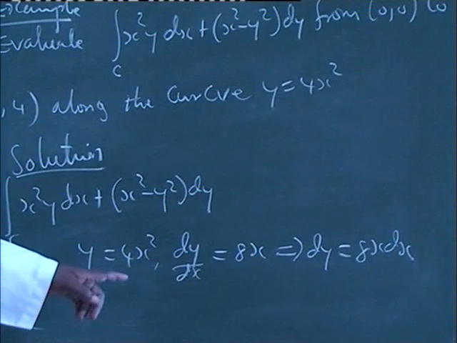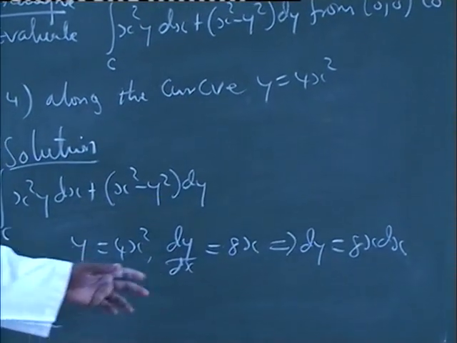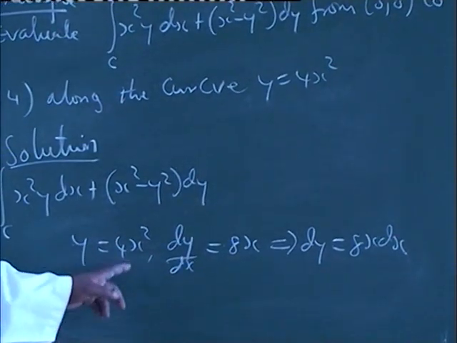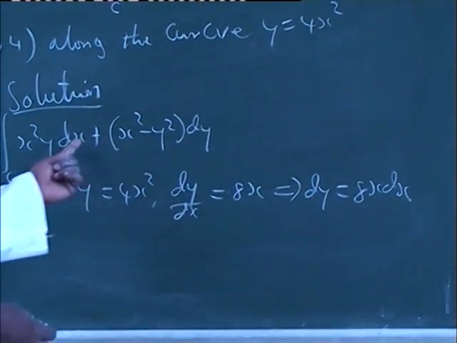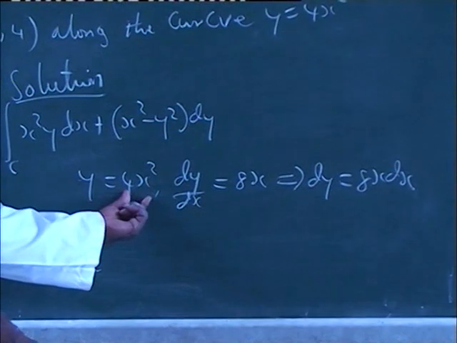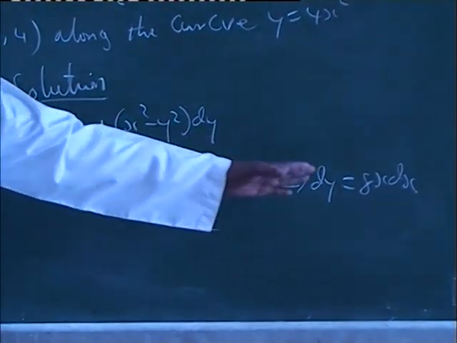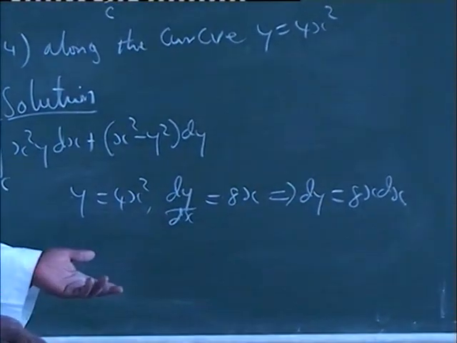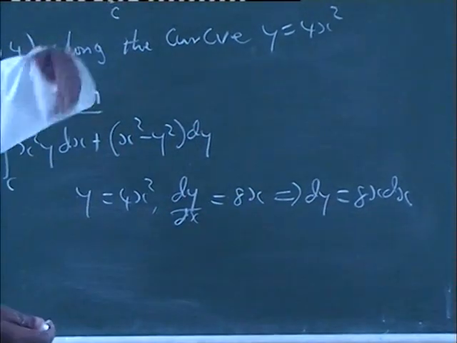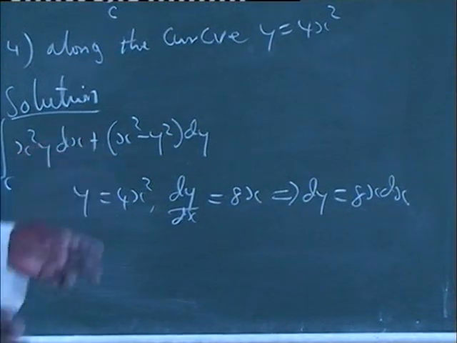So when we do that, we now substitute the value of y. See how this line integral works. Anywhere we see y, we put the value of y, then when we go to dy, we put the value of dy. So everything will turn to the variable x, then we integrate. It's very simple.